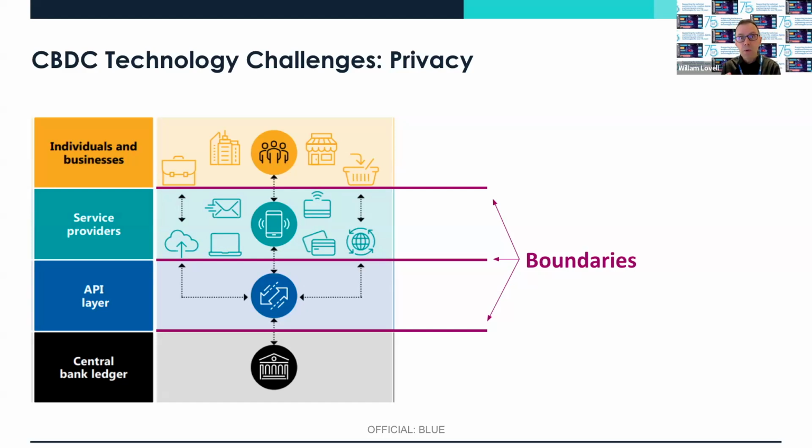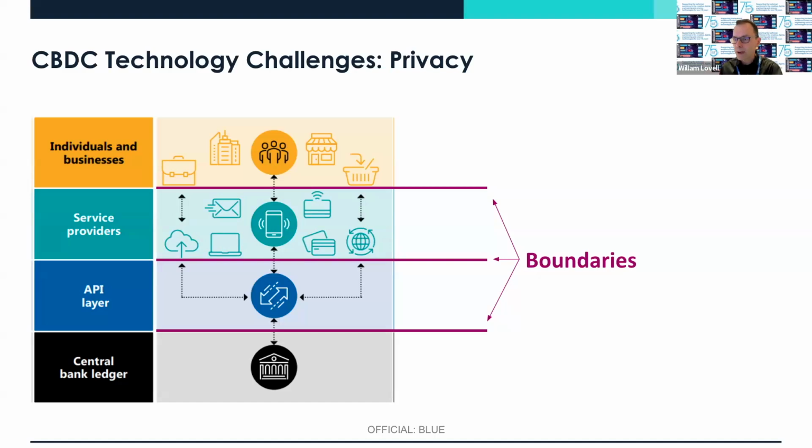They may well be able, in exchange for more access to your data, offer you products and services that you might like, in the same way that holding a loyalty card at a supermarket gives you discounts by sharing some of your data. But that doesn't mean that because you've shared your data with that service provider, it needs to be shared with the central bank ledger.